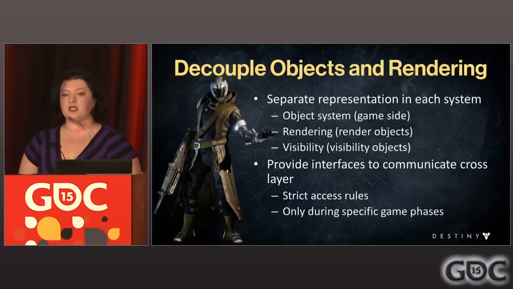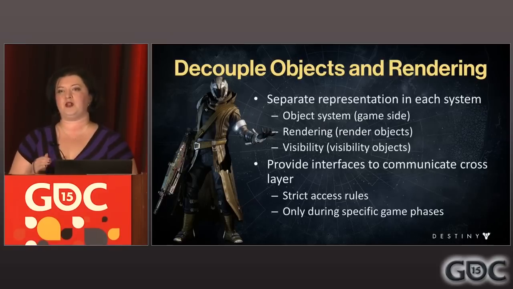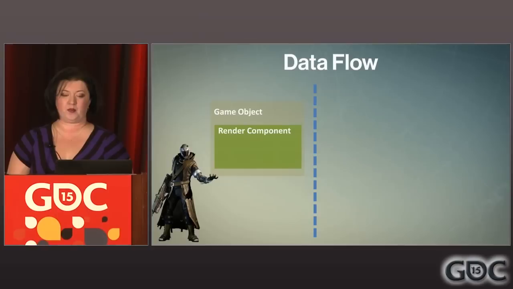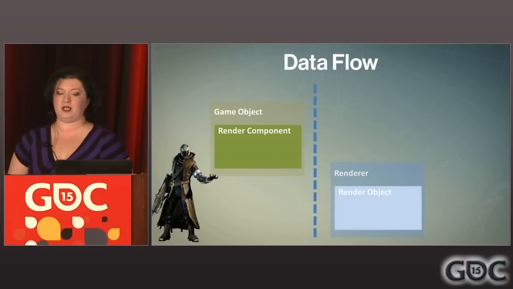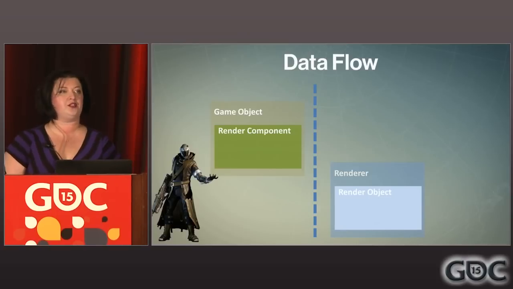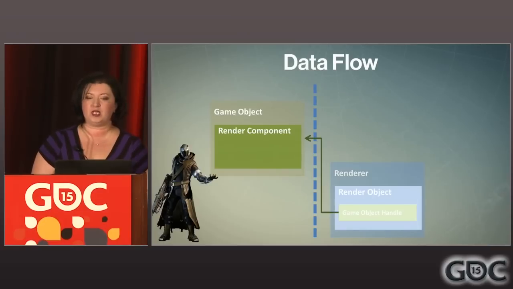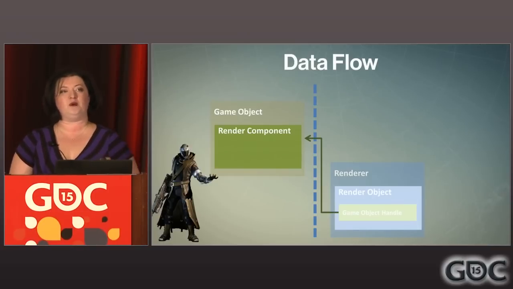Now, to decouple game systems and visibility, we separate representations into game objects, visibility, and render objects, using thin interfaces to allow them to communicate across different phases of the engine. So we start with a game object. This is just your general biped, for example. Each component will map to a particular render object on the renderer side. When a new game object is added to the world, it registers itself with the renderer, which then caches all the static data, as I mentioned, and then also may cache a game object component.